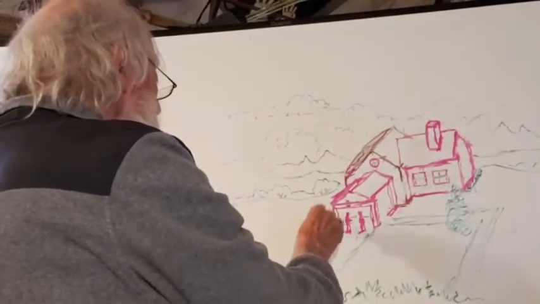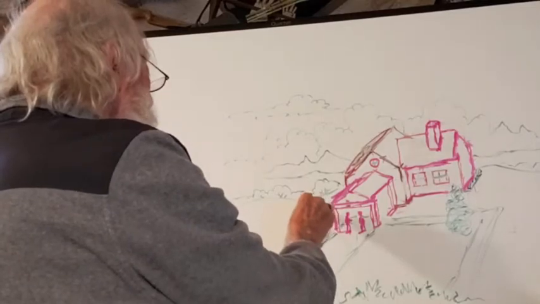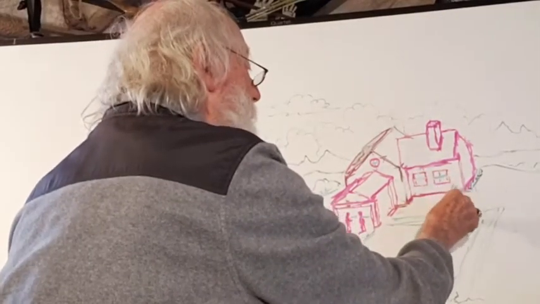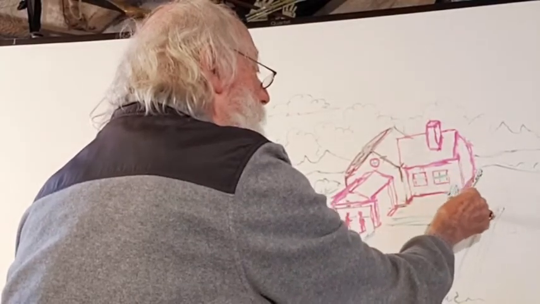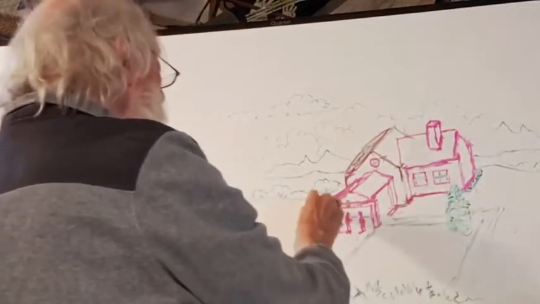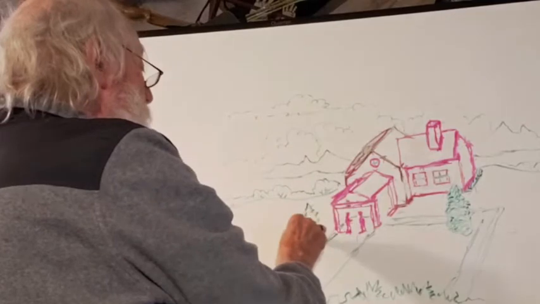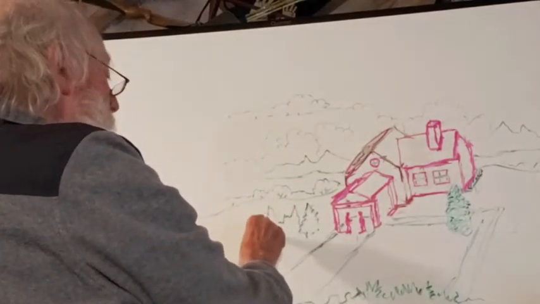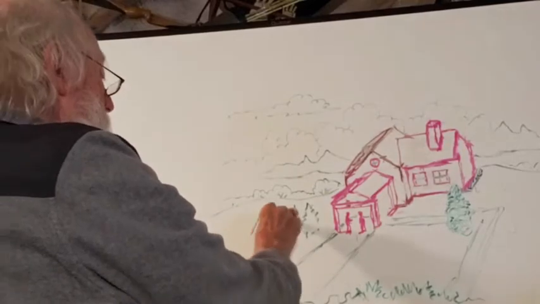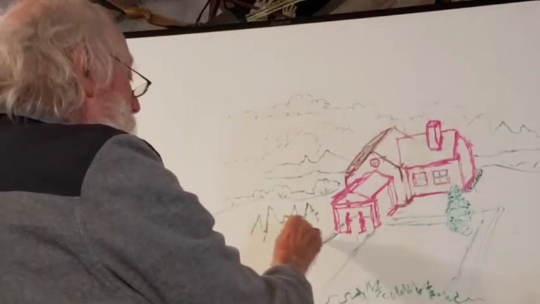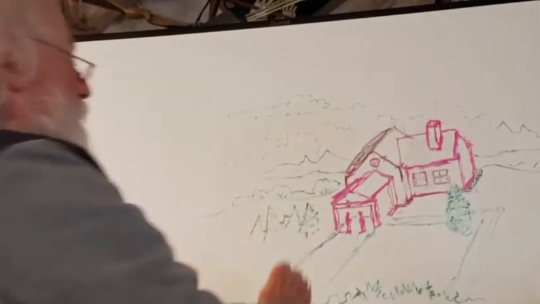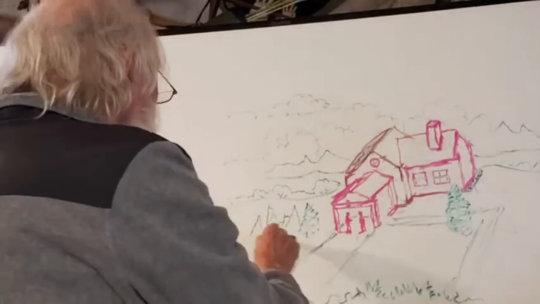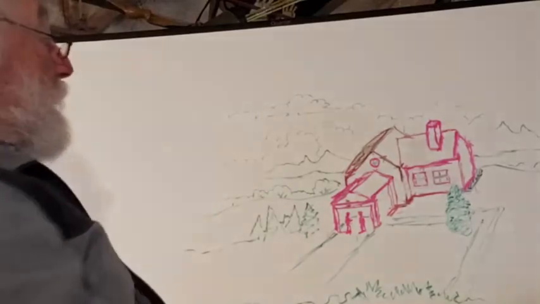A row of little trees, means we have a little tree over here. I'm going to make that more like a spruce would look, and then add some back in here. And then with a little shading and color added to these, you can get it to be kind of cool.